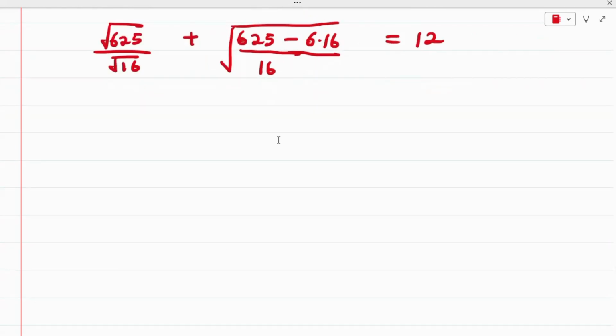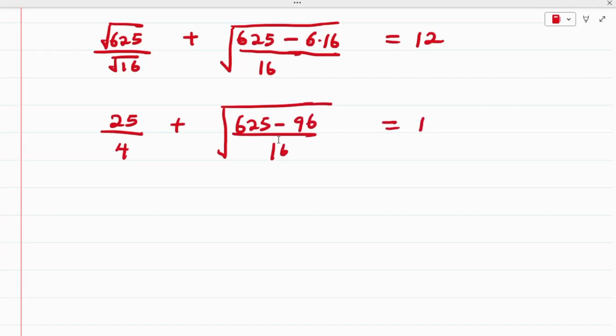So we have the square root of 625. We have this to be 25 over the square root of 16 is 4 plus the square root of 625 minus 6 multiply 16, we have it to be 96 divide 16, which is equals to 12. And we have 25 over 4 plus the square root of 625 minus 96 will give us 529 over 16, which is equals to 12.